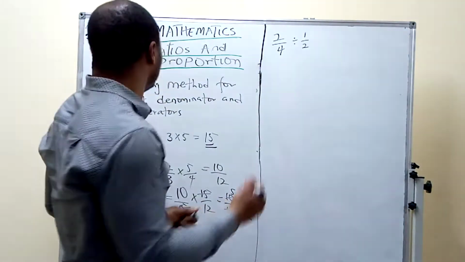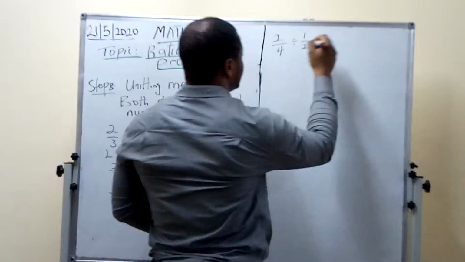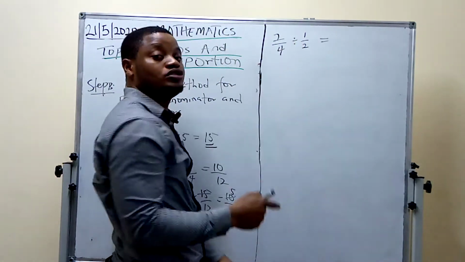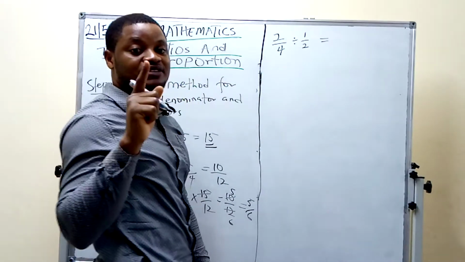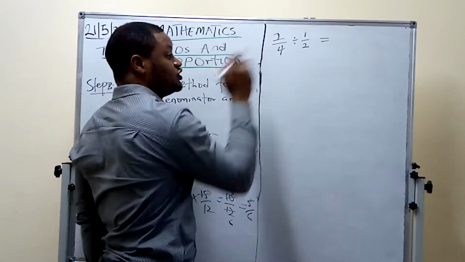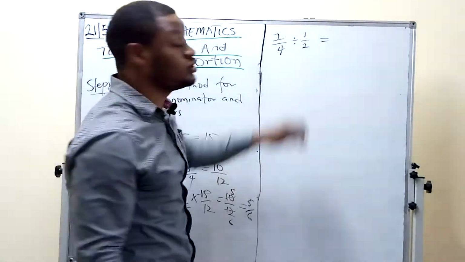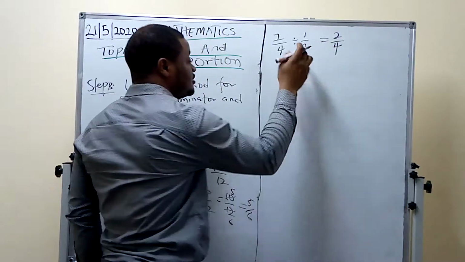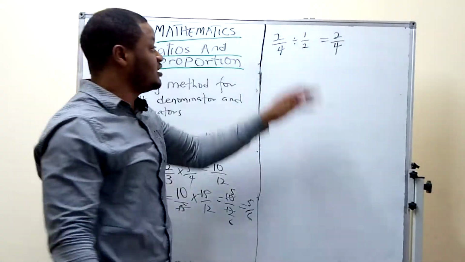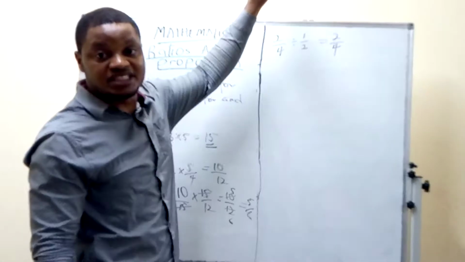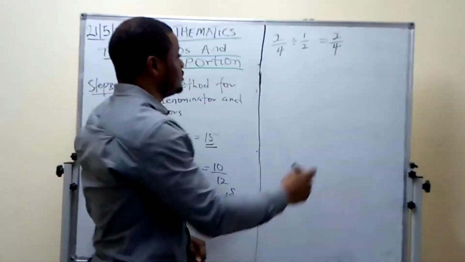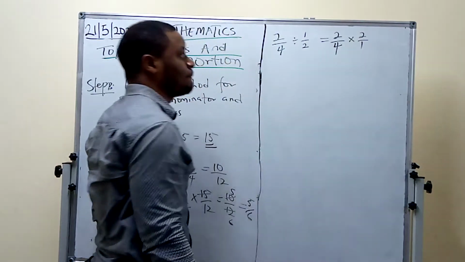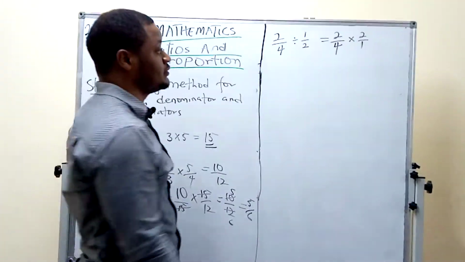Now, starting with the first step, using division method, we have this division, you change to what? Multiplication. I said that earlier, that in division method, this division is changing to multiplication. But there will be changes in the second fraction, which is the denominator is coming up and the numerator is coming down. So we have 2 over 1.